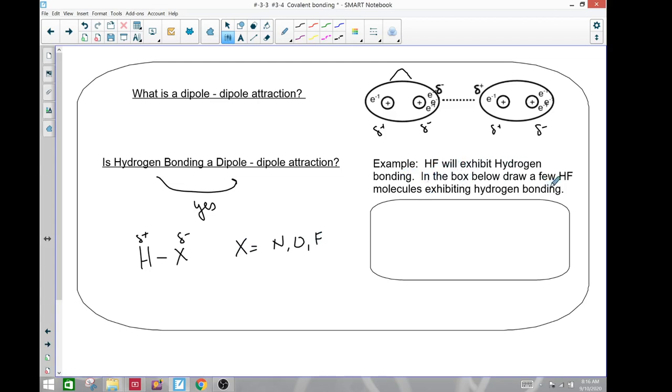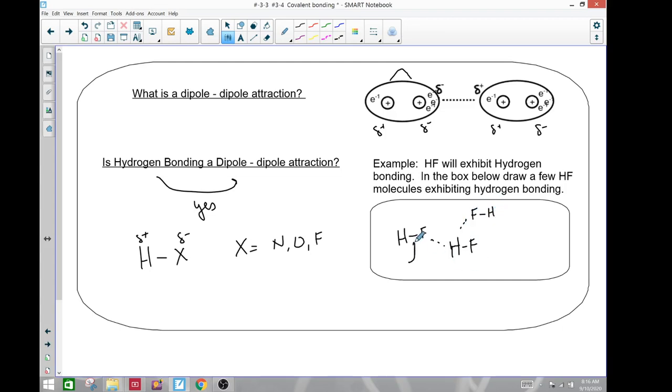In the box below, draw a few HF molecules and exhibit hydrogen bonding. This is a really common problem here. So this would be like that. And then to show hydrogen bonding, you might do dots, H, F, and then you might do like this. Do not draw it as a full dash. That would be a big no-no. Okay.